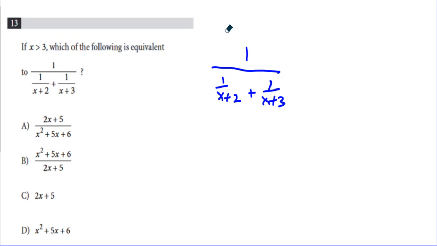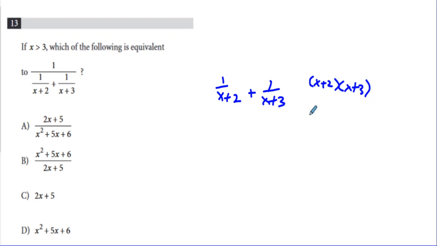So here's the first thing I'm going to do. I'm going to forget about the top of this just for a second, and I would really like to put these together. Here's how I'm going to put these together. If I multiply this whole thing by x plus 2, x plus 3, I'm going to get essentially a common denominator. So here's what's going to end up happening.